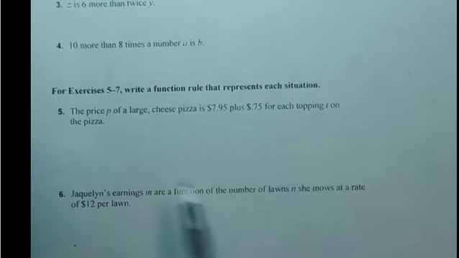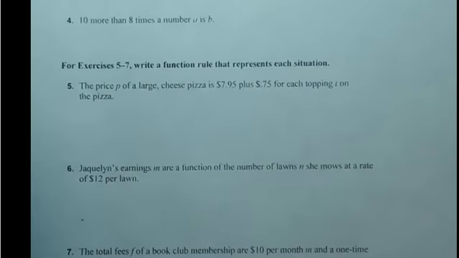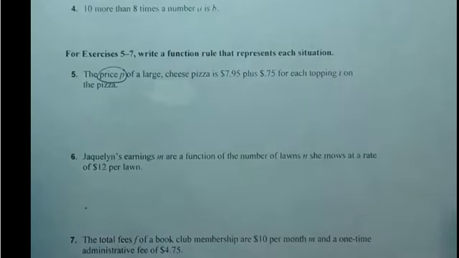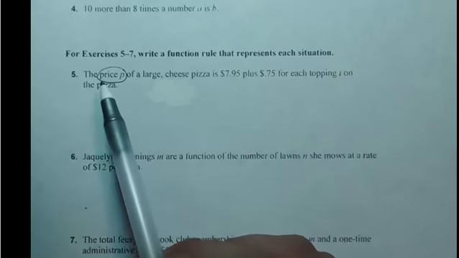For the next couple, it says for exercises 5 and 7, write the function rule that represents the situation. Now these are very similar. They should be linear function rules, but again, write down what you think would work best. So go ahead and read the problem and circle or highlight what's important.